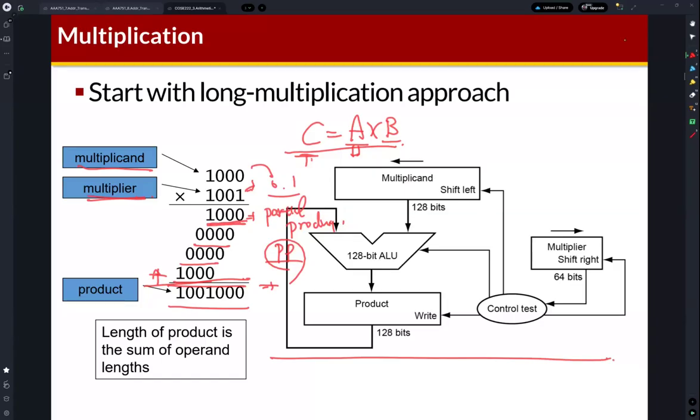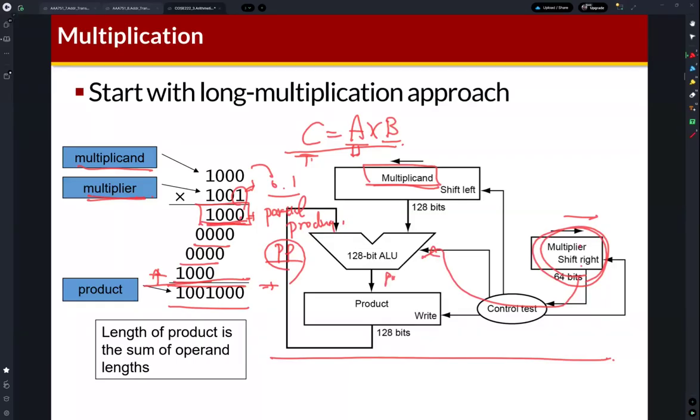For each digit of the multiplier, we generate the partial product. This is the multiplicand, and this is the multiplier shifted right. By shifting the multiplier right, we get each digit, and each digit is multiplied by the multiplicand to get the partial product.